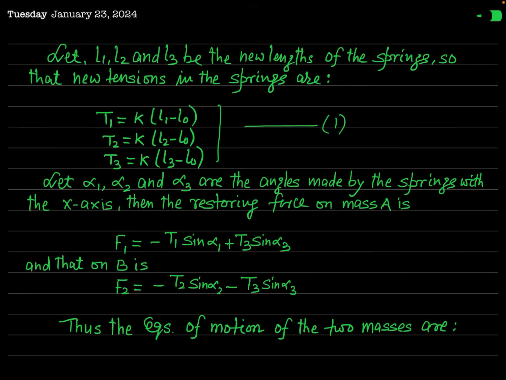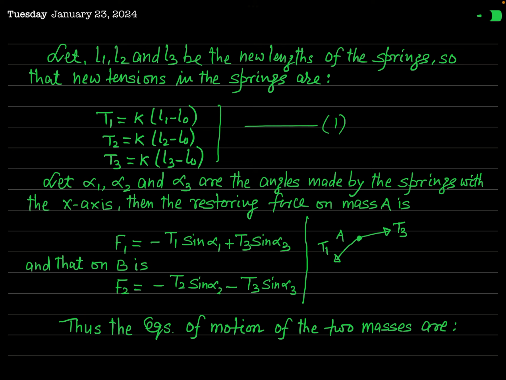So now let us see how we can write the equation of motion of mass A. This is your mass A, and you can see the force acting on this mass is T1 due to the first spring, and another force acting on this is T3 due to the third spring.